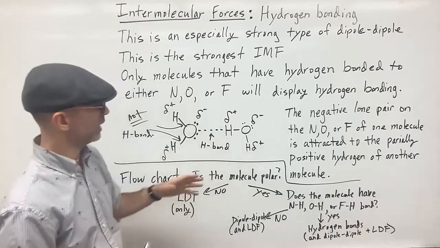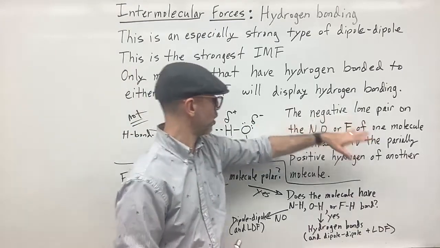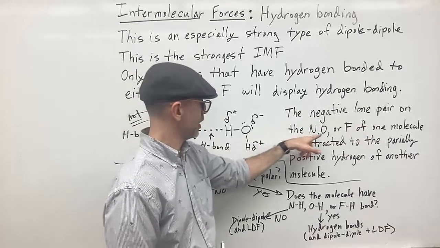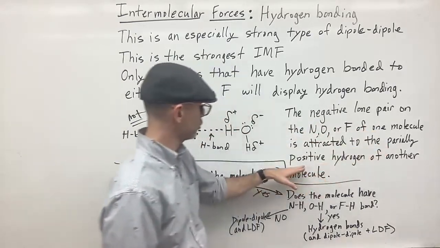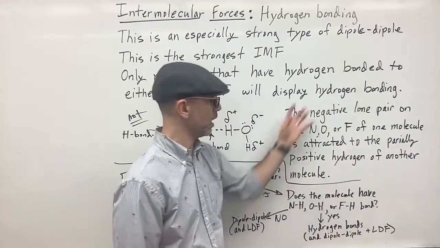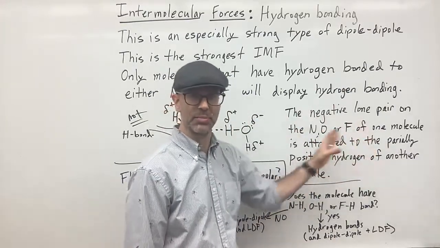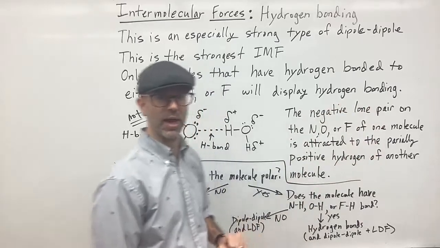And so again, the negative lone pair on the nitrogen, oxygen, or fluorine of one molecule is attracted to the partially positive hydrogen of another molecule. That's what creates the hydrogen bond. That's your hydrogen bond there.